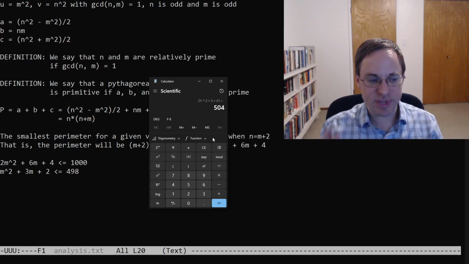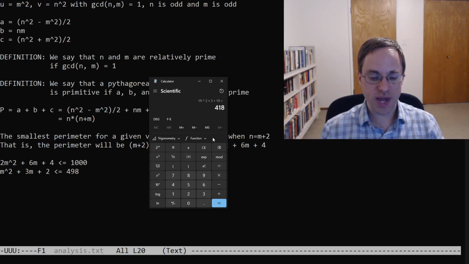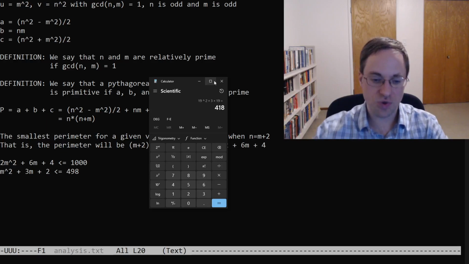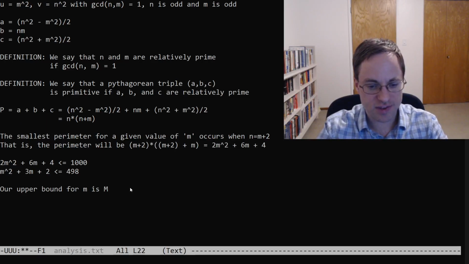Just a little bit too big. So let's try 19 squared plus 3 times 19. Less than 498, we're good to go. So we have our upper bound for m: m less than or equal to 19.